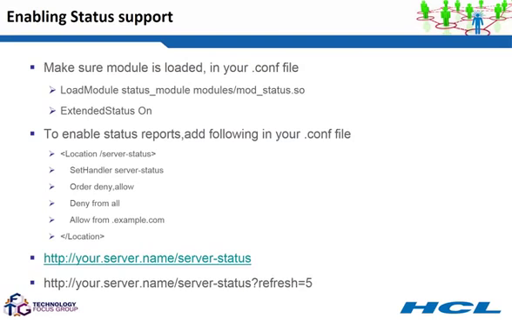Once you have done this and restarted your HTTP server, you can have a look at your server status at http://your-server-name-or-IP/server-status. And if you want it to refresh automatically, simply add ?refresh= followed by the number of seconds after which you want this information to be refreshed.